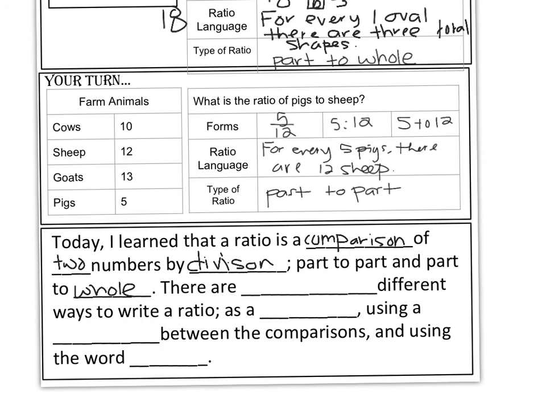There are three different ways to write a ratio: as a fraction, using a colon between the comparisons, and using the word to.